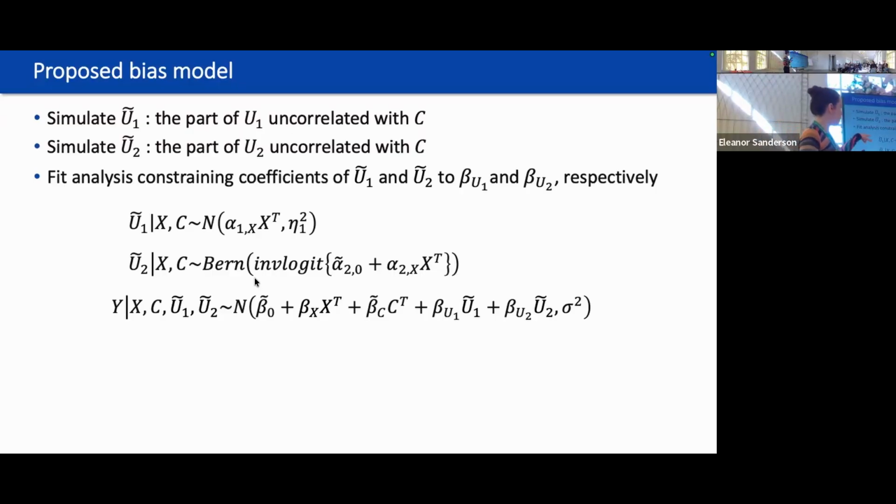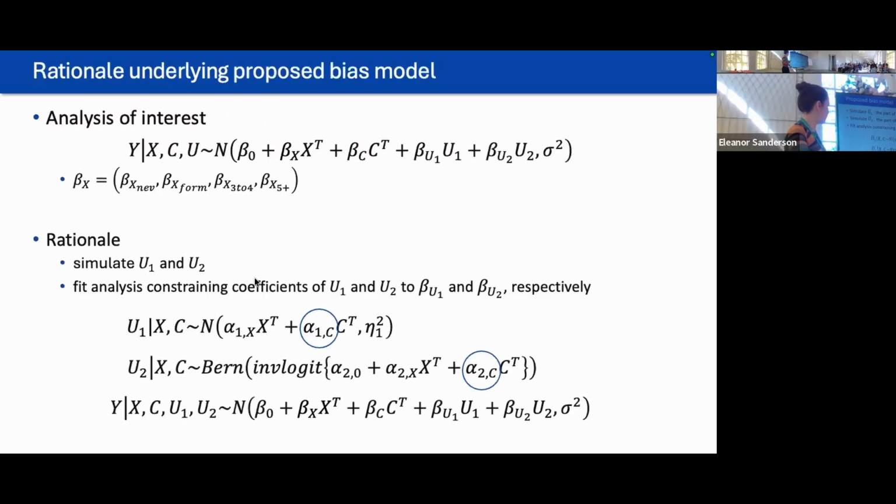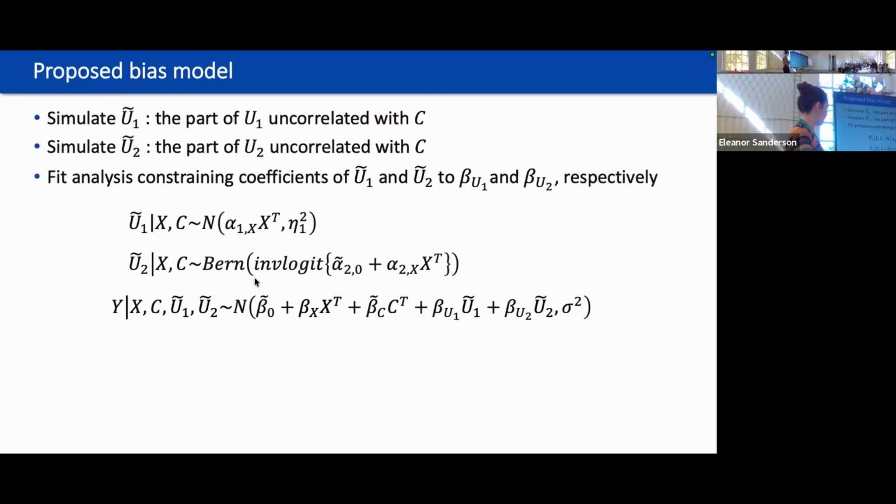When we simulate the proxy variable for U1, it's again conditional on the exposure and the measured confounders, and we simulate it using information alpha 1x, which is the coefficient telling us the relationship between the original unmeasured confounder U1 and the exposure conditional on the measured confounders. So we're using the information from the previous model to simulate these proxy variables.